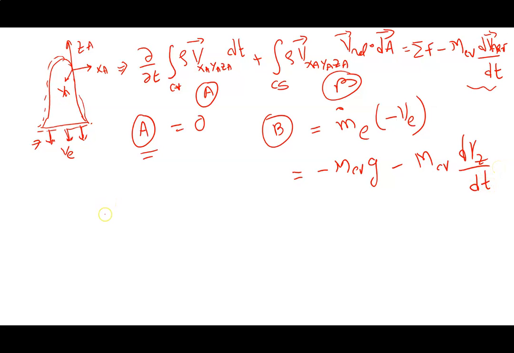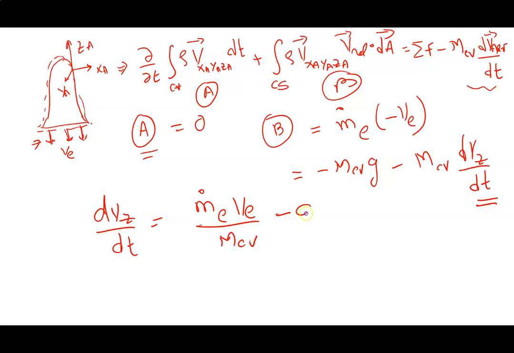So if I solve for dV_z/dt from here, I get m dot E V_E over m_CV, right? I'm going to solve for this term, move everything else over to the other side of the equation, and then minus g. So this is simply minus g plus m dot E V_E.